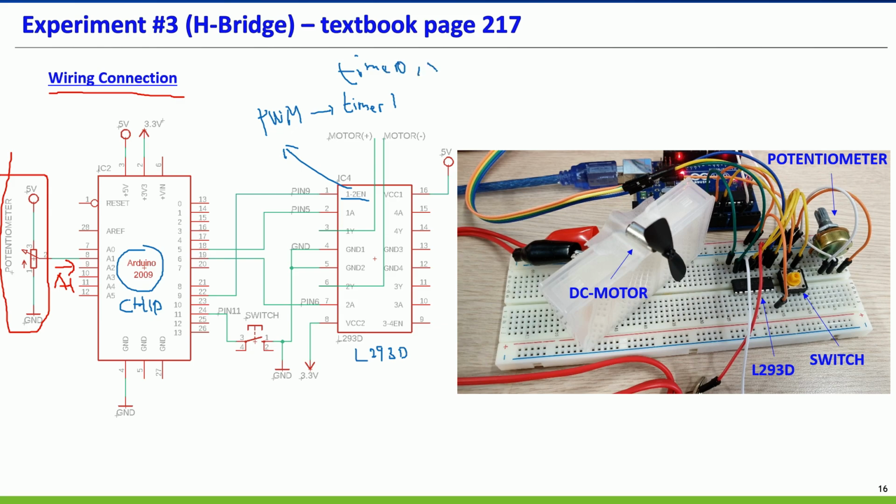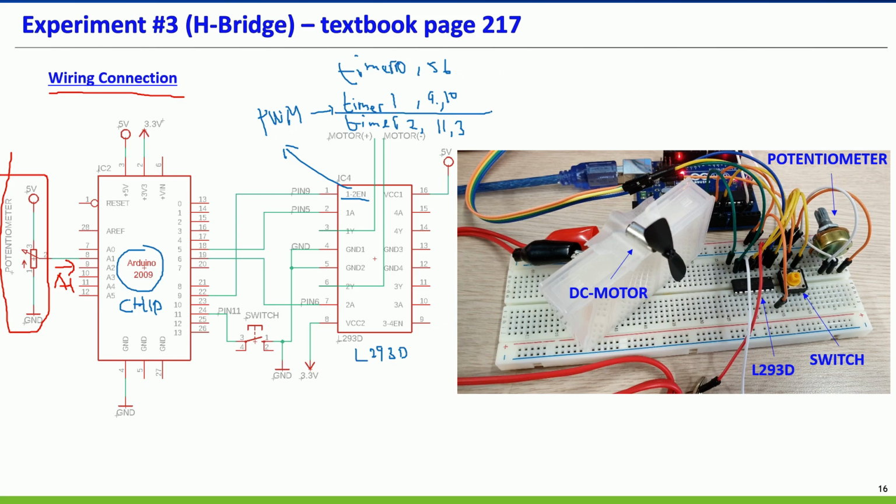Timer 0 is pins 5 and 6, timer 1 is pins 9 and 10, and timer 2 in Arduino is 11 and 3. I hope I remember this correctly; correct me if I'm wrong.